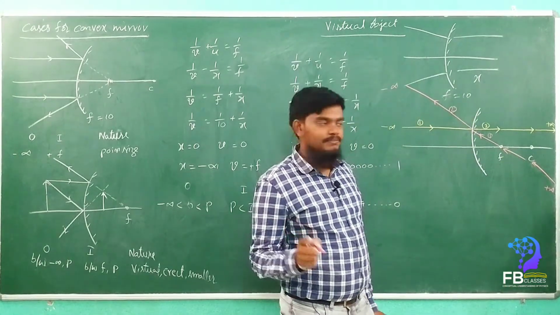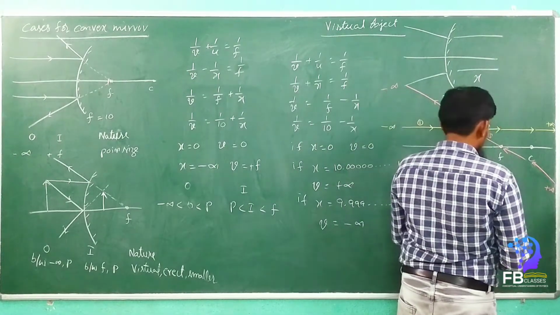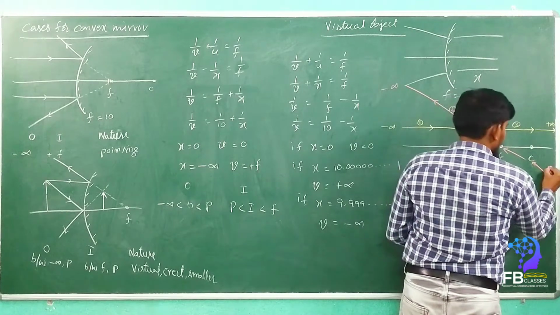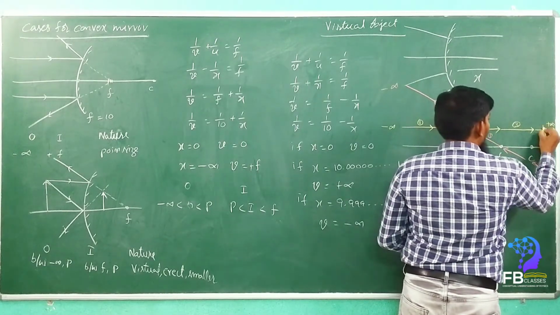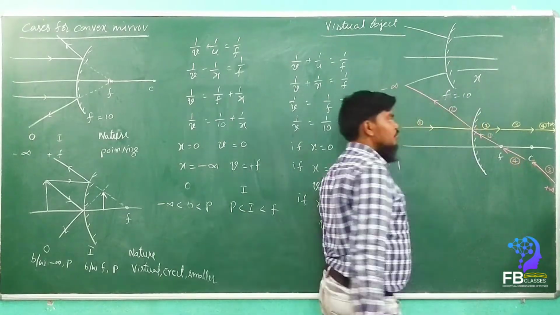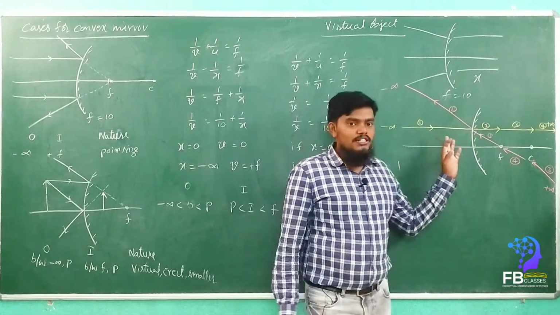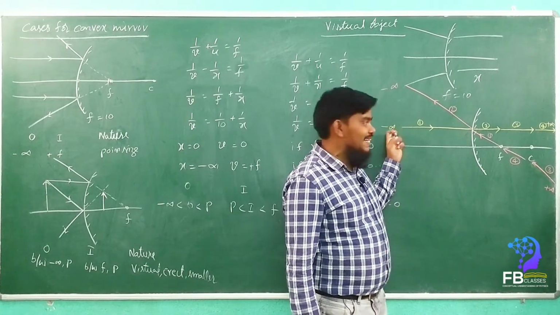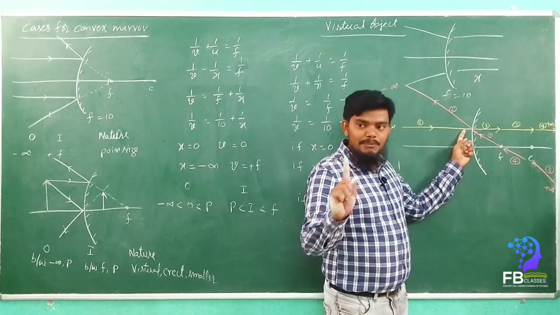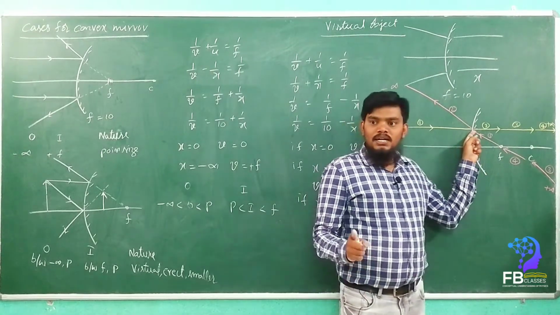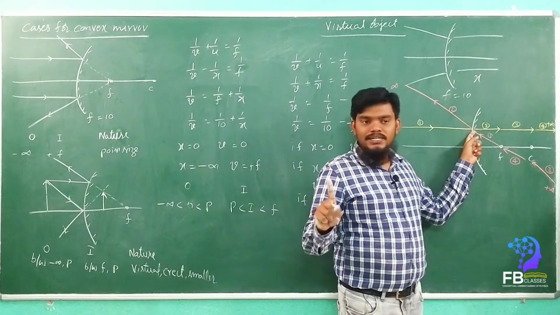Do I understand clearly? So this is case 3, and this is case 4. This is the conceptual understanding. See here, what is the conceptual understanding? It says that when the object is moved from minus infinity to pole, then the image is moved from principal focus to pole. That is completely about the real object.